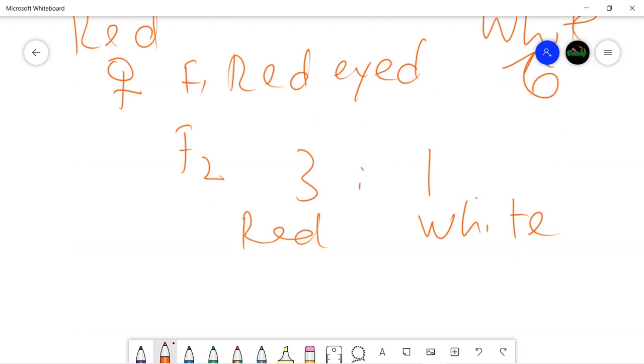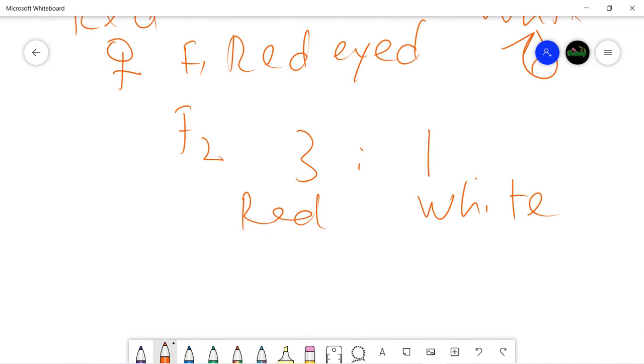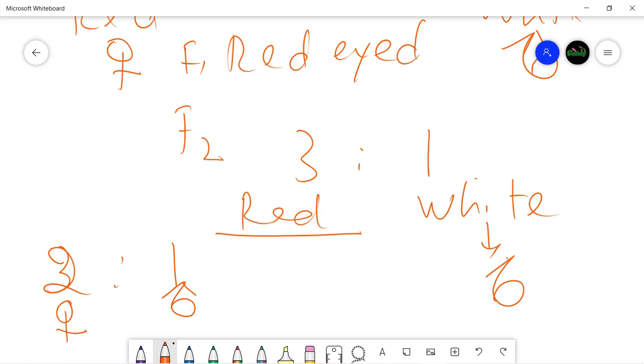However, there was a certain peculiar thing about this result: of these red-eyed flies, the ratio was 2:1, two females to one male, whereas the white-eyed flies were all males.